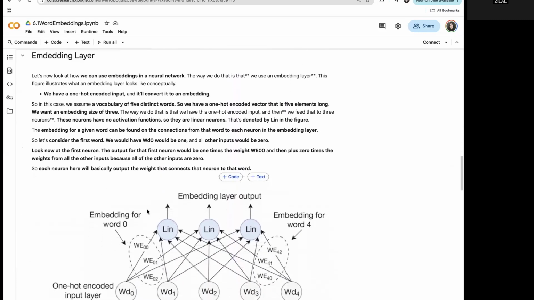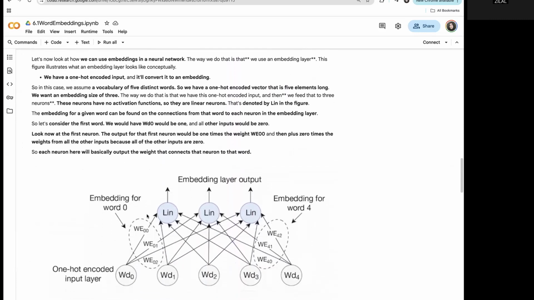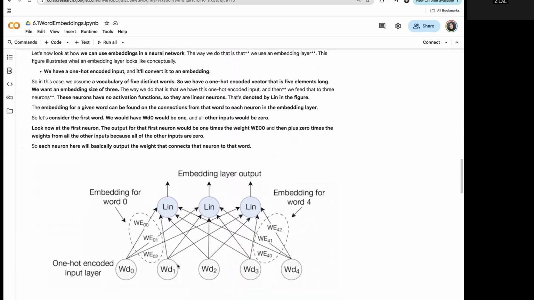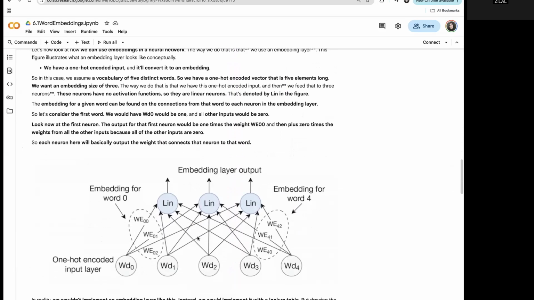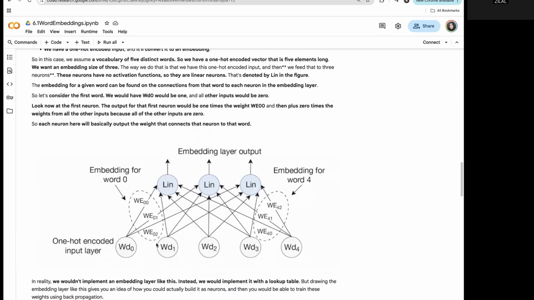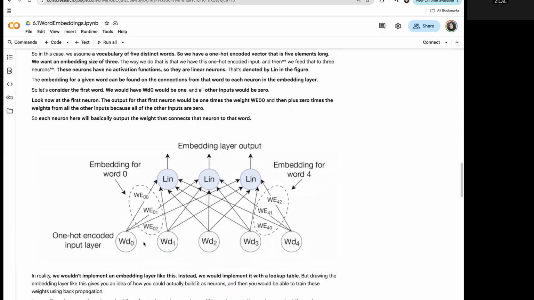Let's look at how we can use embeddings in a neural network. The way we do that is we use an embedding layer. This figure illustrates what an embedding layer looks like conceptually. We have a one-hot encoding input. In this case, we assume a vocabulary of 5 distinct words, so we have a one-hot encoded vector that is 5 elements long.